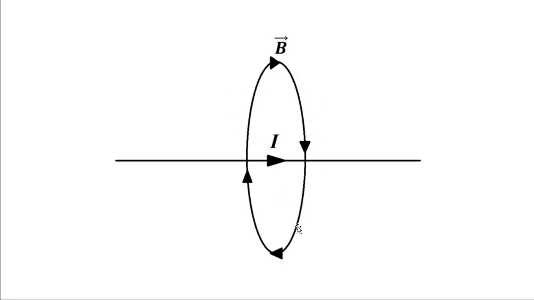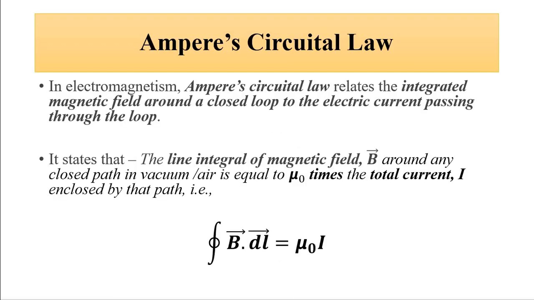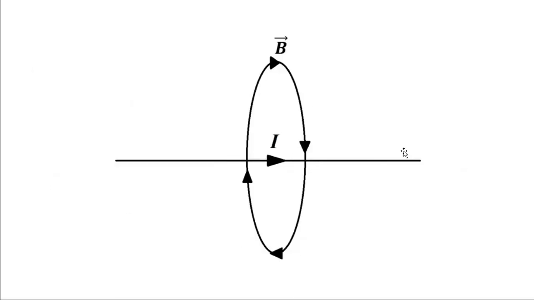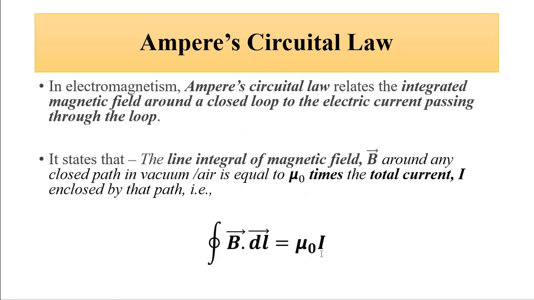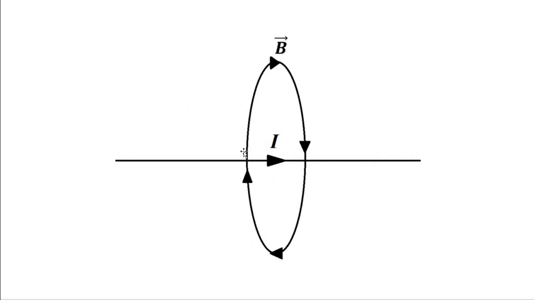So the line integral of this magnetic field around this closed path, this loop, is given by mu0 times the total current enclosed by this path, because the closed path encloses this straight conductor carrying current. Actually, it is given by the net current enclosed by that path. There can be many other current carrying conductors, so the sum of those currents is equal to that. But the general expression is this.